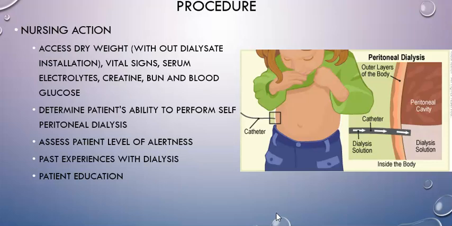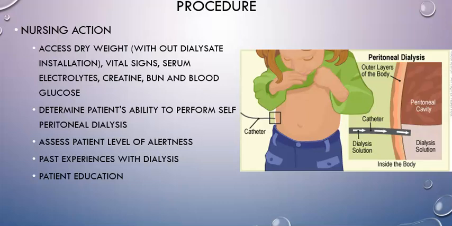For the procedure, I'm going to let you read over this, but if you work in a dialysis clinic, you know that you'll want to get your dry weight before they get dialyzed. You're going to do some blood work. You're going to determine the patient's ability to perform the peritoneal dialysis.